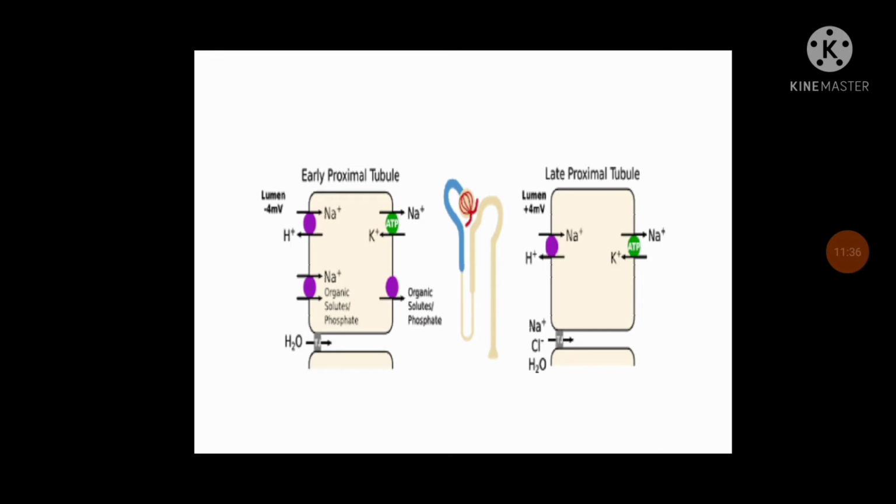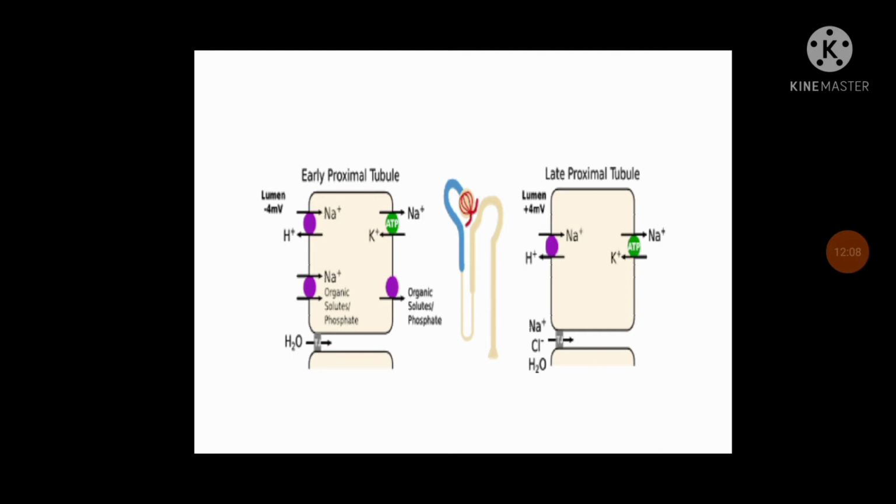This shows the difference between the early proximal tubule and the late proximal tubule, and how sodium absorption differs. In the early proximal tubule, sodium is absorbed with the exchange of hydrogen ion, and there can be secondary active transport where sodium enters with other organic solutes like glucose, amino acids and phosphates, whereas this cannot happen in the late proximal tubule.